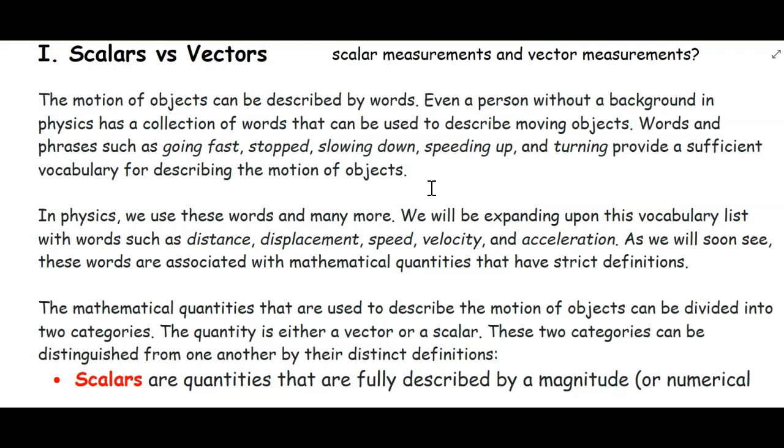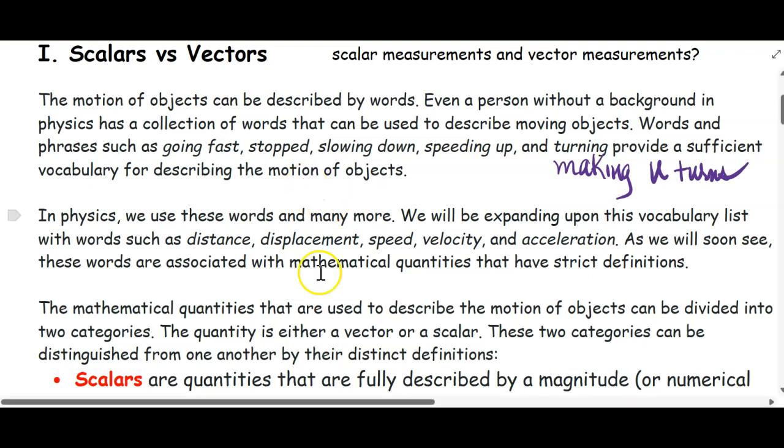Going fast, stopped, slowing down, speeding up, turning, making U-turns. All of these are descriptions of motions that we know about and talk about. So in some ways, talking about physics, especially in this motion unit, there are going to be many things that are so familiar to you. The difference is that the way physicists describe it scientifically, there will be words you have to learn and ways you have to think about it that you've never thought about before. All right?